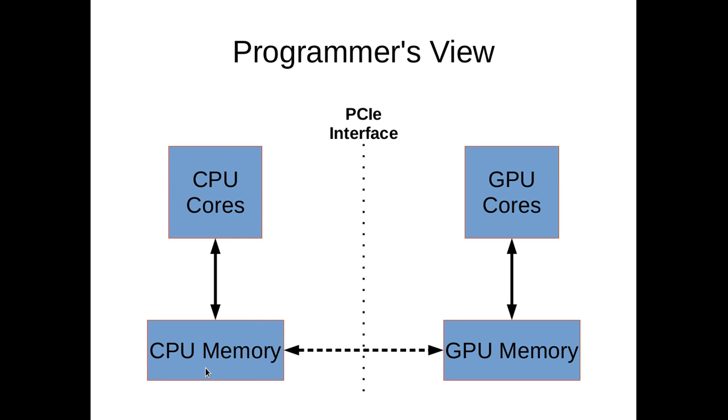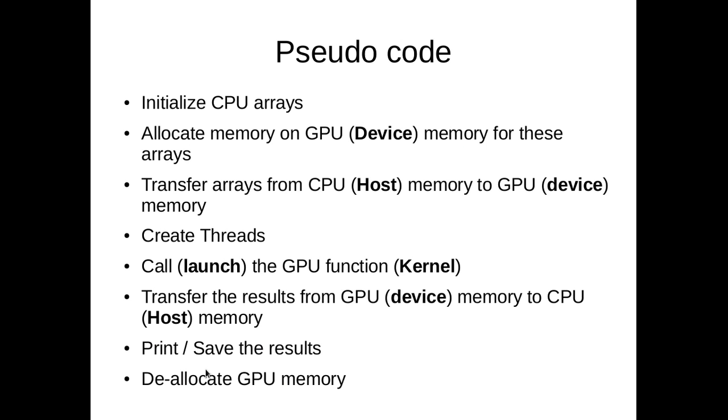Now we will see the pseudocode for my GPU program. Initially we will have our CPU arrays initialized from some initial data, or because of reading some files and other things. So I'll have my CPU arrays initialized with my input data.